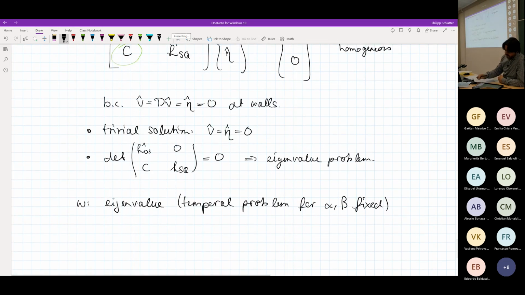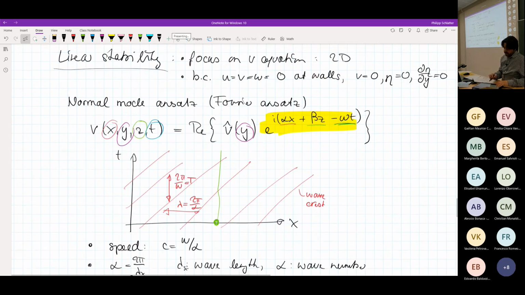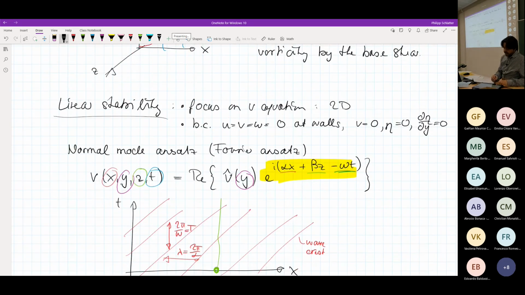So that means in my expansion that I introduced before, in this expansion for the normal modes, I would say that alpha and beta are given numbers. They determine what is my wavelength in x and what is my wavelength in the spanwise direction. And omega, so the temporal dependence, would then be the eigenvalue, which could either grow, decay, or it can oscillate.